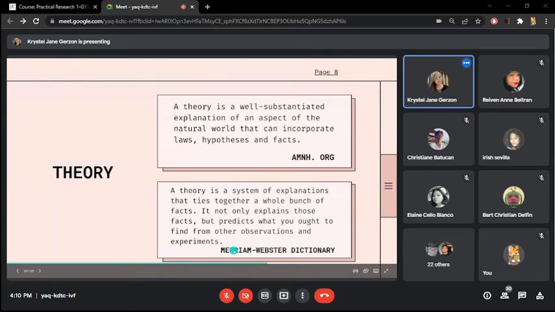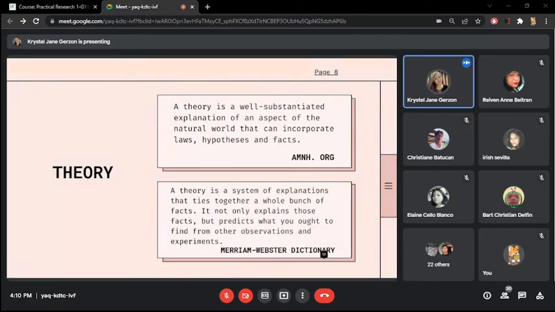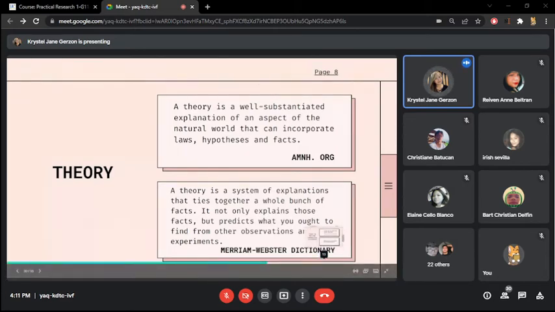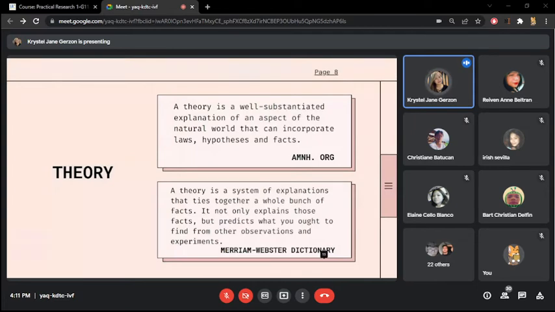Now, Merriam-Webster's dictionary defines theory as a system of explanations that ties together a whole bunch of facts. It not only explains those facts but also predicts what you ought to find from other observations and experiments. So it not only explains, but also predicts the possible things that you can find out in your observations and experiments.